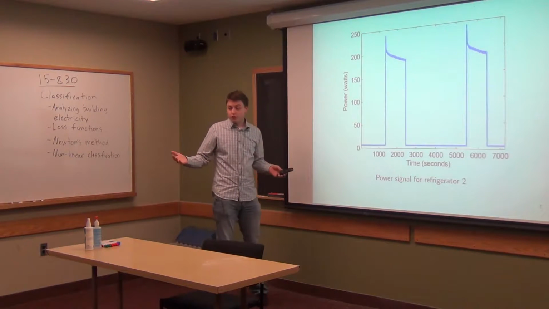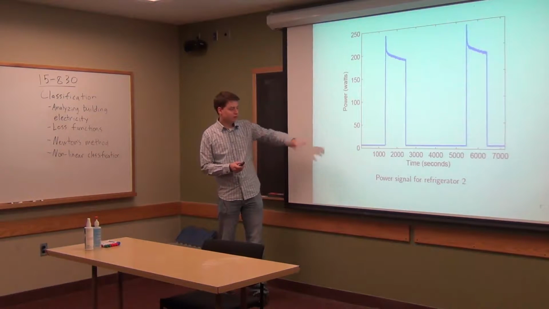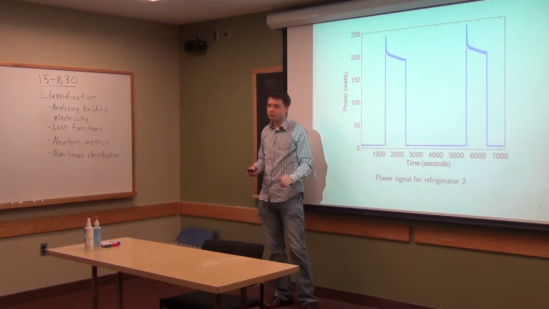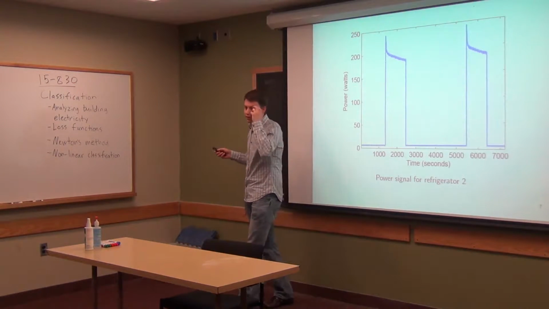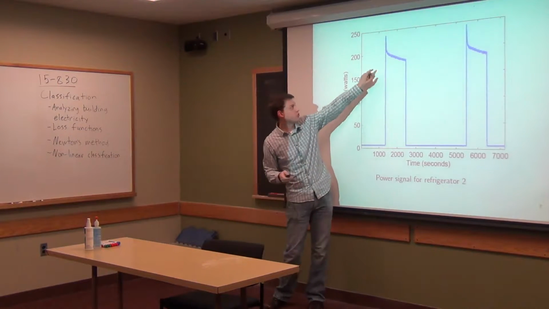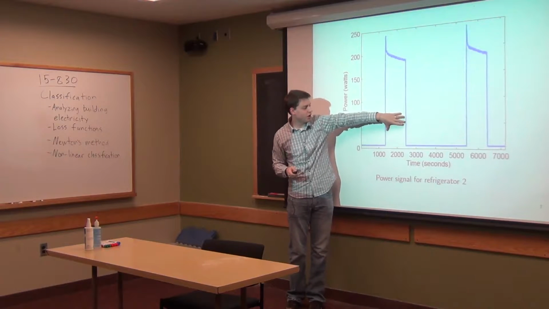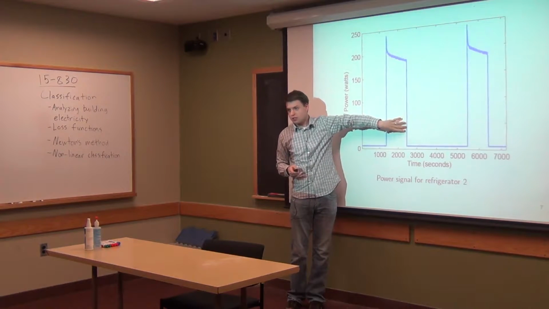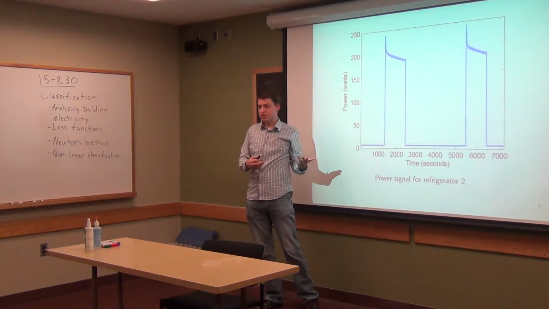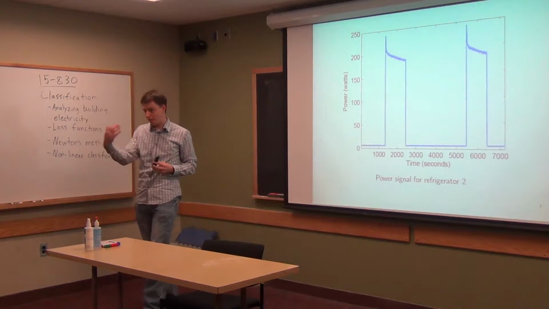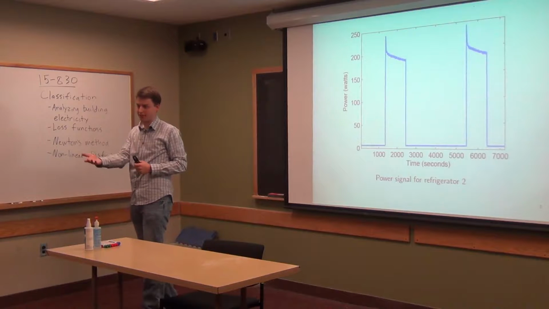This is very useful because maybe one of these fridges is using a lot less power than the other one. It's a newer model in this case. This one here uses more power at any given time, but it's on for much less time. So if you could identify which refrigerator someone has, you might be able to give them advice about, hey, maybe you should buy a newer model, or something like this, right?